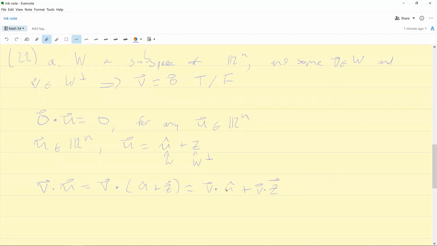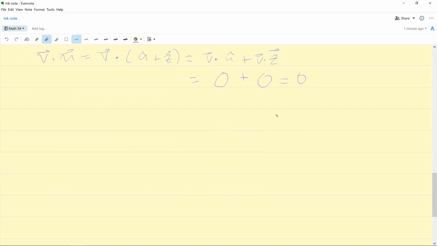Now, because u hat is in W and v is in W perp, these two are orthogonal, and that term is going to be 0. And similarly, because z is in W perp and v is in W, that term will be 0. So when we dot v with any vector, we're going to get 0, and that tells us it actually has to be the 0 vector. All right, so that is going to be true.